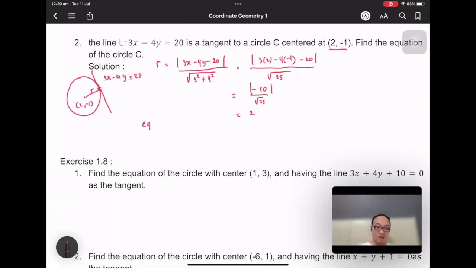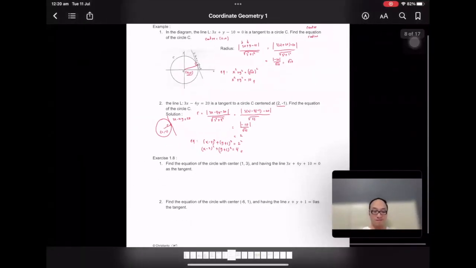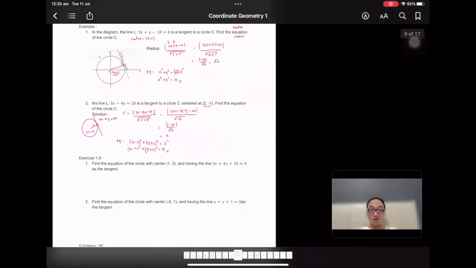So the equation is, the center is 2, -1, so it's x minus 2 square plus y plus 1 square equals 2 square. x minus 2 square plus y plus 1 square equals 4. You can try the exercise for your own practice.